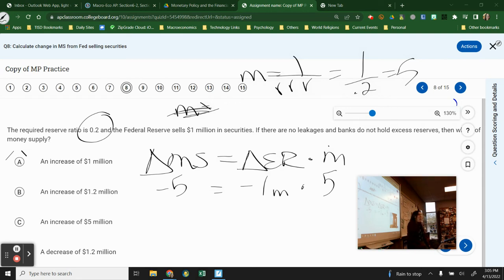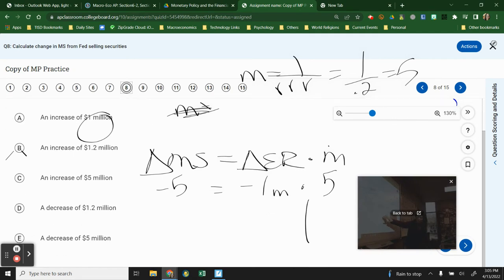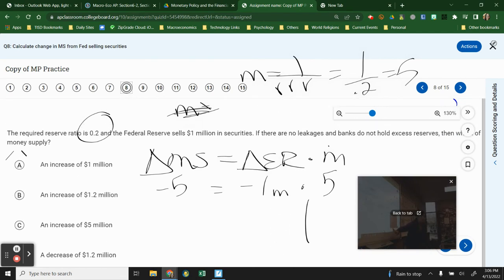I mean, that would be nice. You would take out 20% of it, you throw it into required reserves, and 80% of that $1 million, $800,000, would then go into excess reserves. Okay. I'm actually really surprised that they don't have like a 4.8 option.